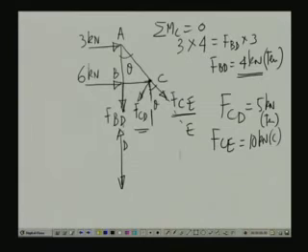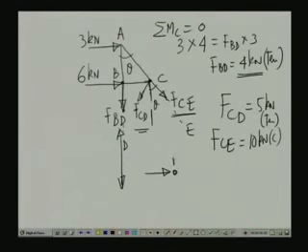And so we have seen AB, AC, BD, CD, CE, and the member which is remaining is BC. If we take the equilibrium of this particular joint, we have a 6 kilonewton force here.